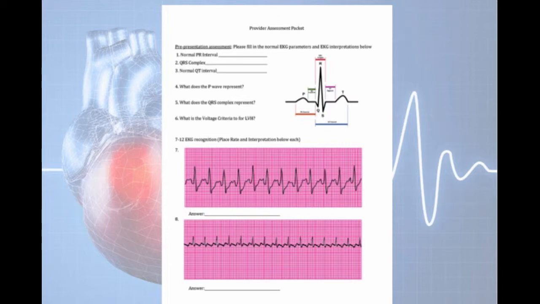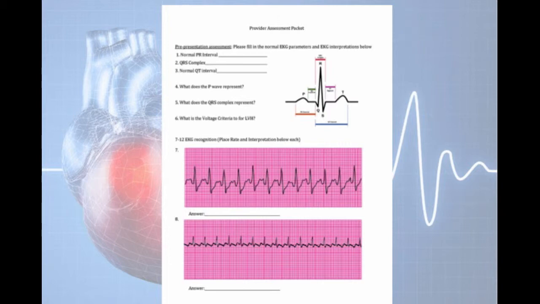It's the S wave in V1 and the R wave in V5 or V6. Greater than 35 millimeters, which is 7 boxes, you have suggested left ventricular hypertrophy. If you have greater than 40 millimeters, which is 8 boxes, you have diagnostic LVH.